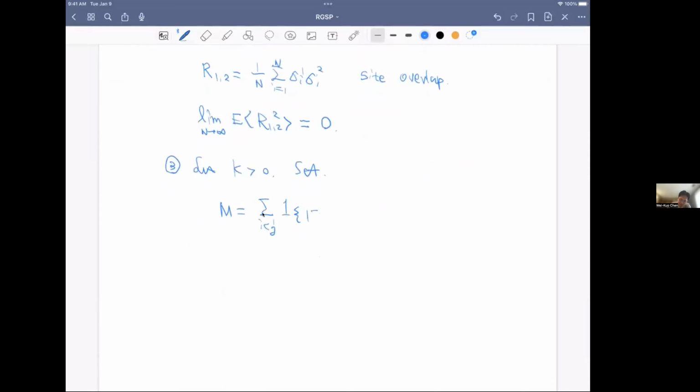What I mean by heavy is that J_ij has to be bigger than k. Note that the J_ij are IID samples from the same distribution, so this is nothing but a binomial random variable. Right now I have n choose 2 many edges, and each one has probability equal to the minimum between 1 and k to the negative alpha divided by n.